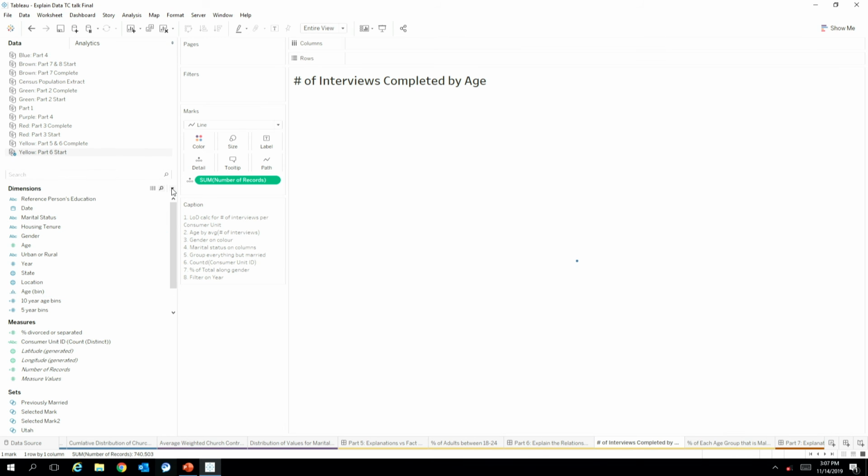So in this case, if you wanted to see the number of interviews completed by age, we could count per consumer unit the number of records. That tells you the number of interviews that person completed: interviews per person. Then it's interesting to see how that varies by age.